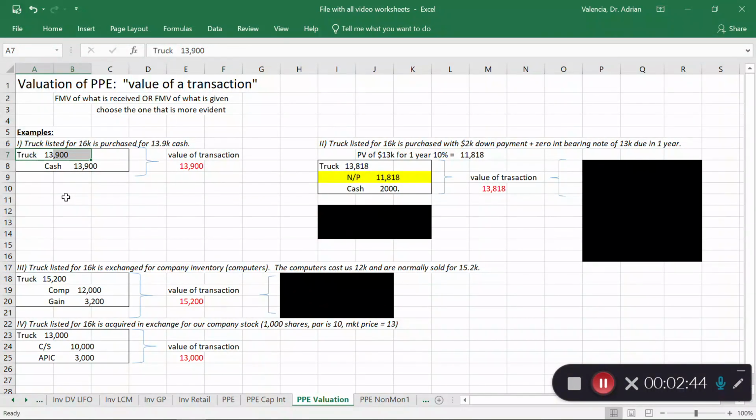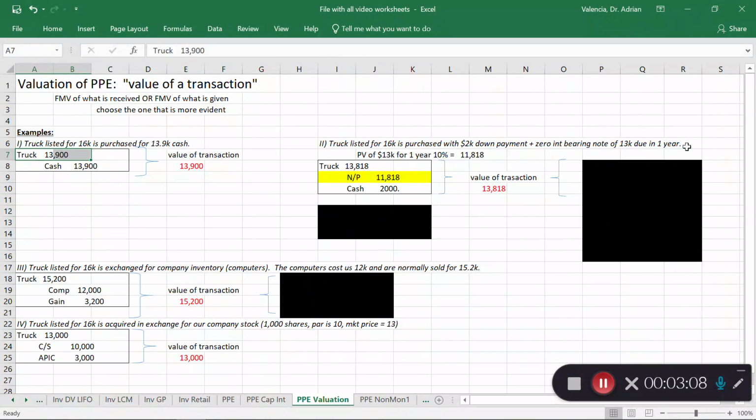All right, so here's a secondary scenario. Same truck, it's listed for $16,000 and we purchase it with $2,000 down payment. Okay, so that one's clearly supported in terms of fair market value because that's cash. But then on top of that, we issue a zero interest bearing note of $13,000 due in 1 year.